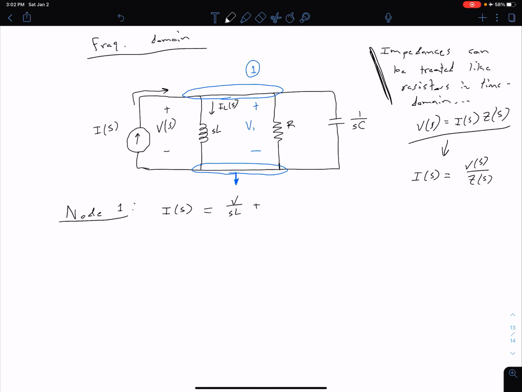So we now have our current through the resistor is V over R, and our current through the capacitor is V divided by 1 over sC. So we can factor that V out, so we have V times (1 over sL plus 1 over R plus sC).